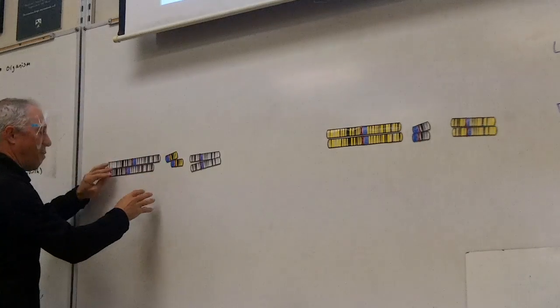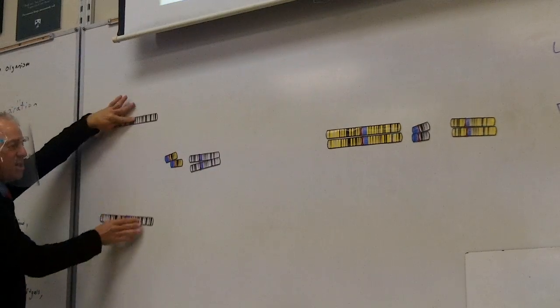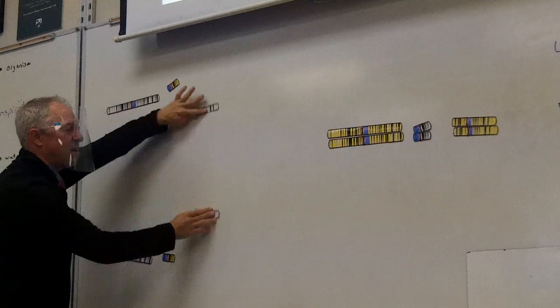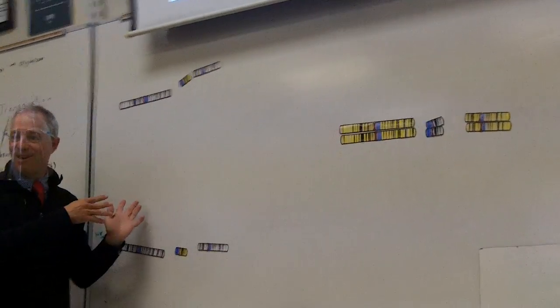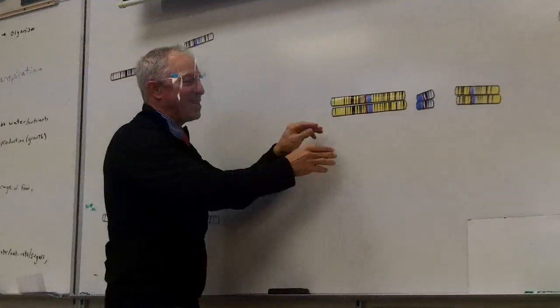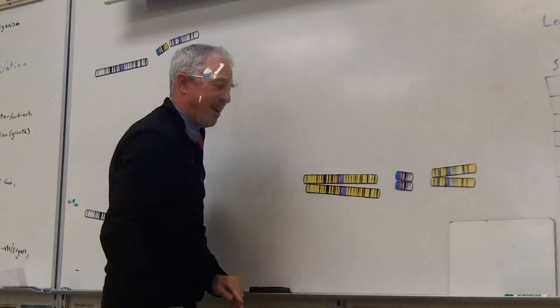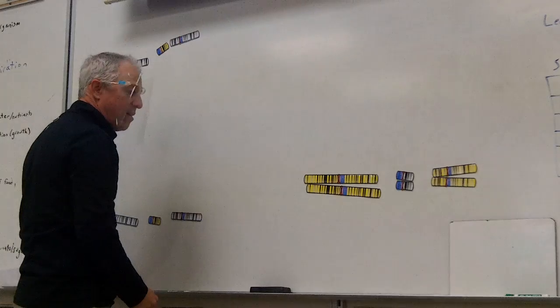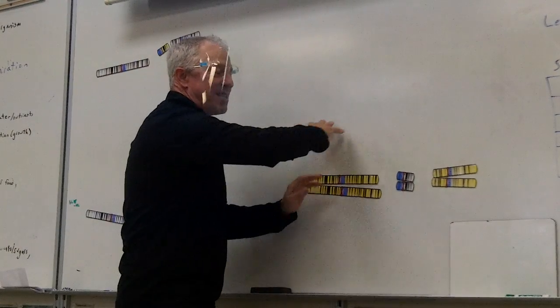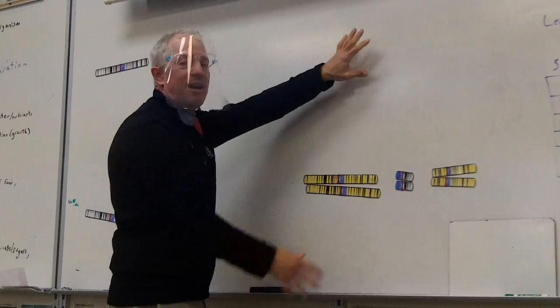Here we're forming normal sperm and egg cells. Watch this. Separate, separate, separate. We're all good over here, right? Watch this. What if we did this? Not good. Could be a problem. This sperm gets everything, and this one gets nothing.